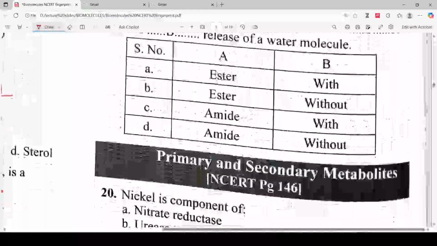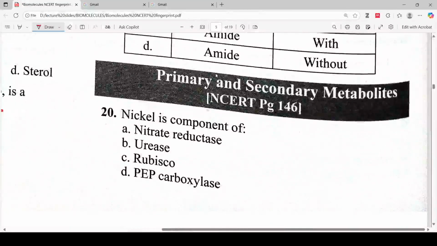Let's move to the next question. Nickel is a component of nitrate reductase, urease, rubisco, and phosphoenol pyruvate carboxylase. So the correct answer will be option B, urease. Nickel is the component of urease.